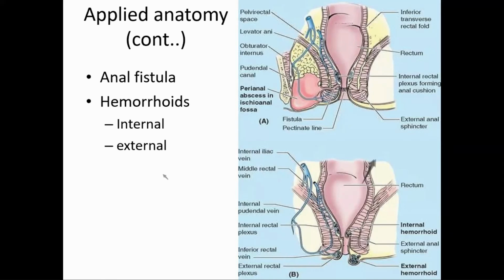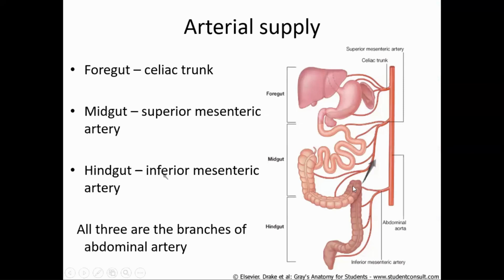The arterial supply for the foregut, midgut and hindgut: derivatives of the foregut are supplied by branches of the celiac trunk.